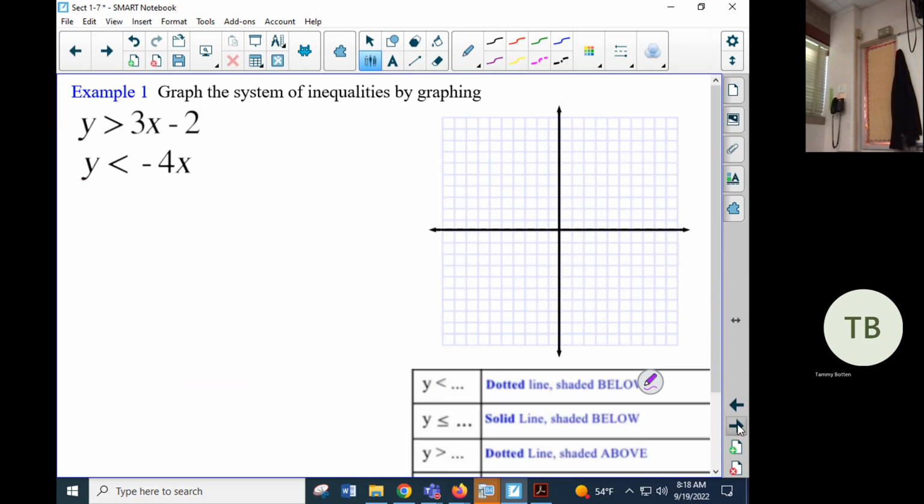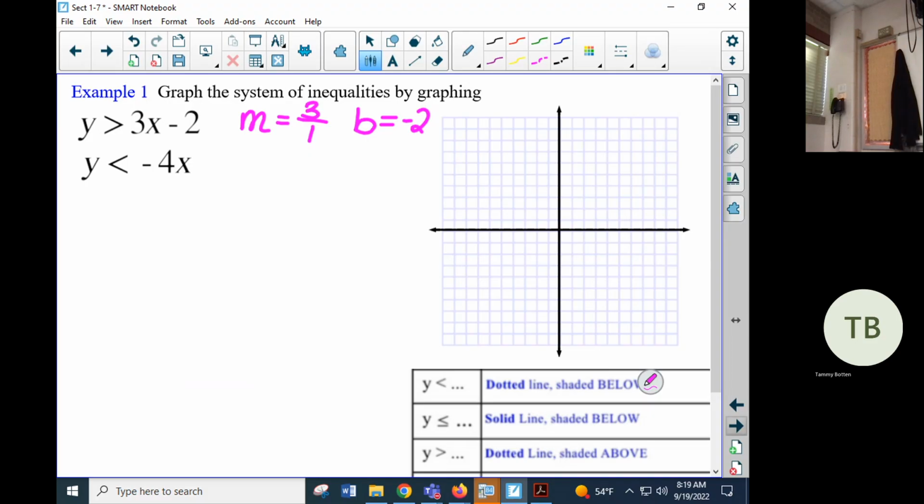So let's go ahead and try this. They're going to start off giving it to us in slope-intercept form, which is nice. The 3 is in front of the x, so that tells us our slope is 3/1, and the y-intercept is -2. Notice this is just greater than, so that means we're going to have a dashed line.